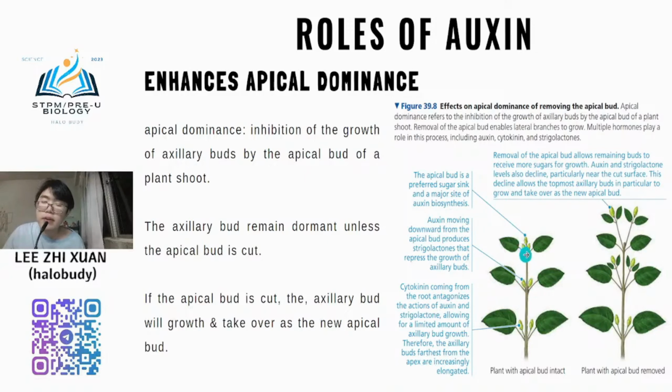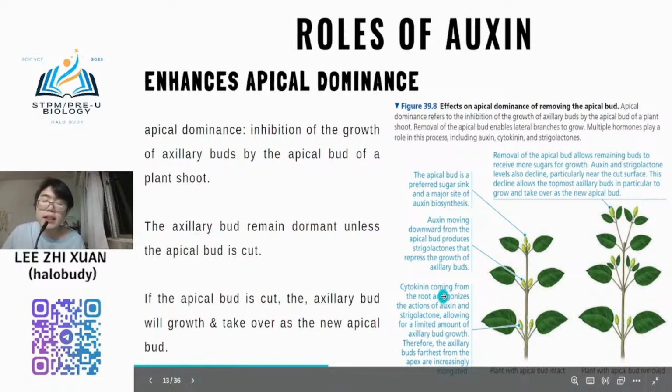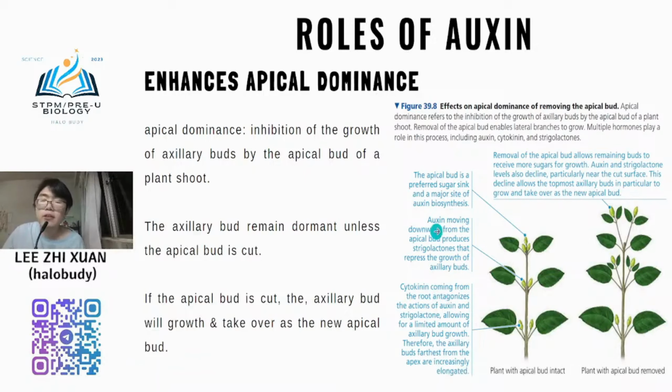All these axillary buds here remain dormant because of auxin, so they will not grow. There is another hormone called cytokinin, which I will explain later. But for now you need to know that auxin plays a major role in enhancing apical dominance, where it inhibits the growth of the axillary bud.